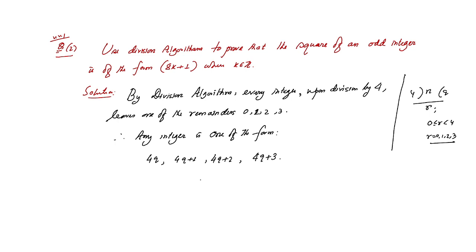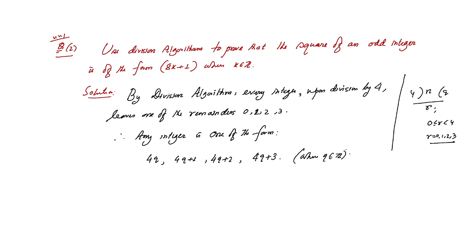So these are the possibilities. If we divide an integer n by 4, depending on the remainder, we can say what the form of the integer should be. So it may be 4q or 4q plus 1 or 4q plus 2 or 4q plus 3, where q belongs to Z.